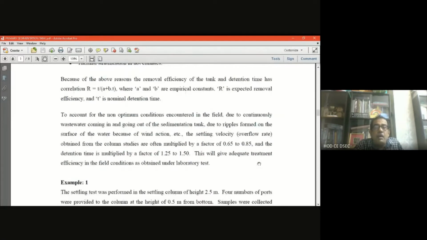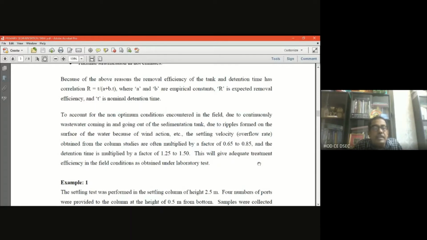Another thing I am going to tell you is that, since the optimum conditions are not encountered in the field, due to wastewater continuously coming in and going out of the sedimentation tank, and due to the ripples formed on the surface of the water because of wind action, the settling velocity, which we call the overflow rate, that is Q by BL, obtained from the column study is often multiplied by 0.65, and the detention time is multiplied by 1.25 to 1.5 because of the ripples formed at the surface of the tank.